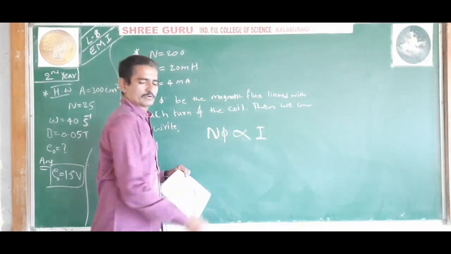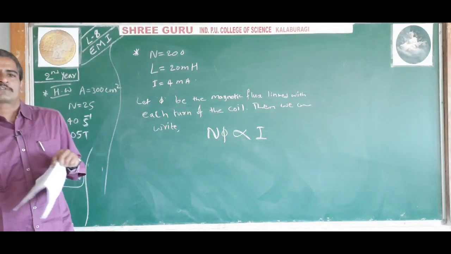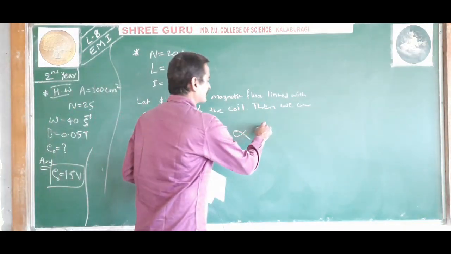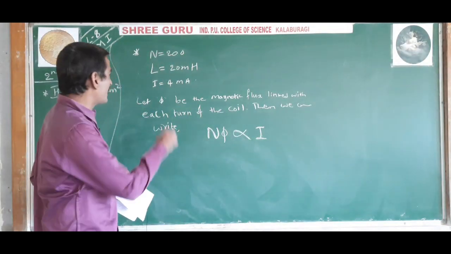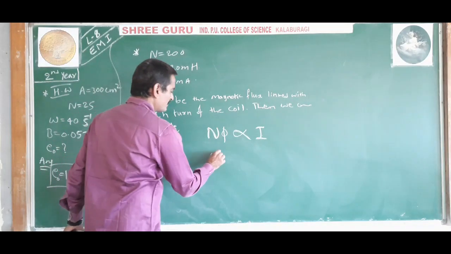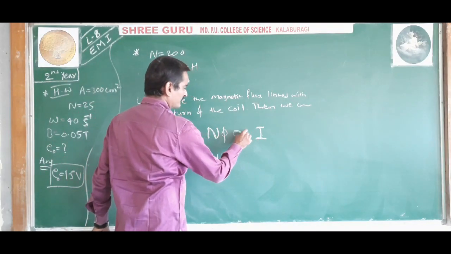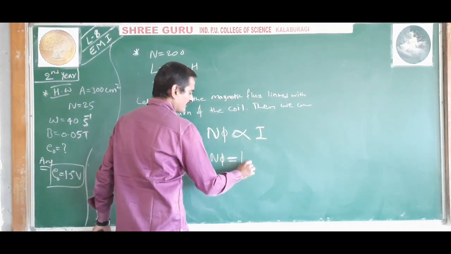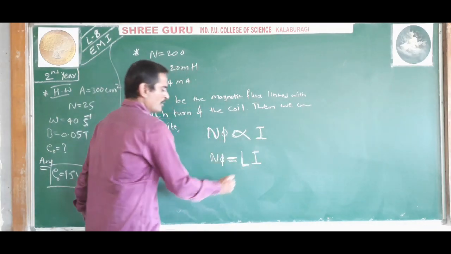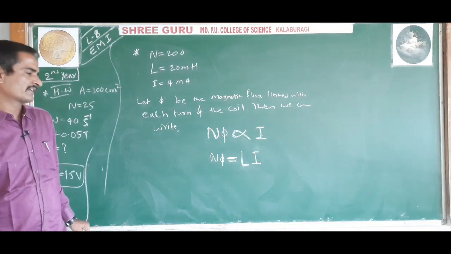We already know the magnetic flux is directly proportional to the current, not the induced current. This is the current flowing through the coil. So you can write N phi is equal to, removing the proportionality sign, a constant L into I, where L is called the self inductance of the coil.